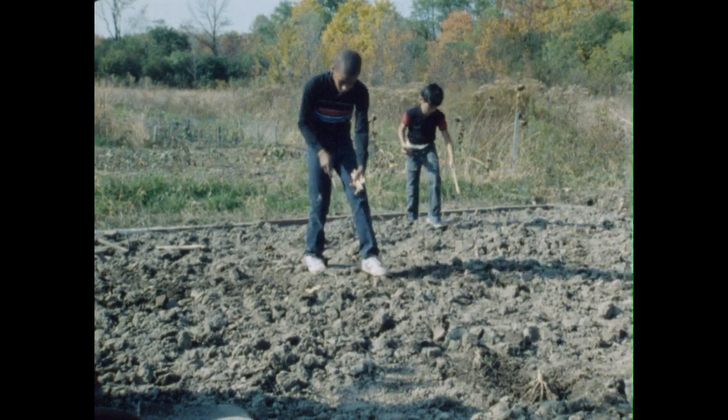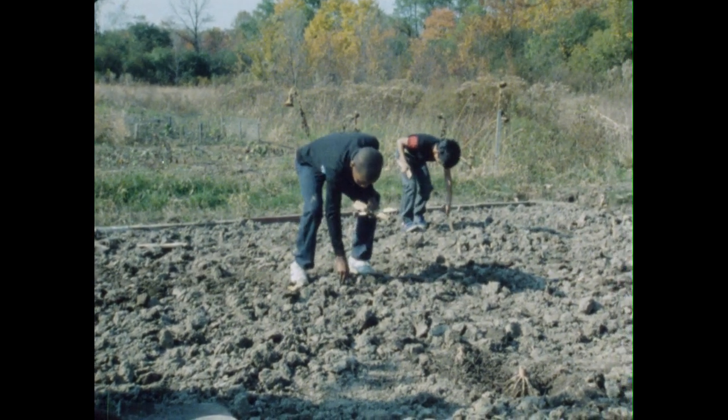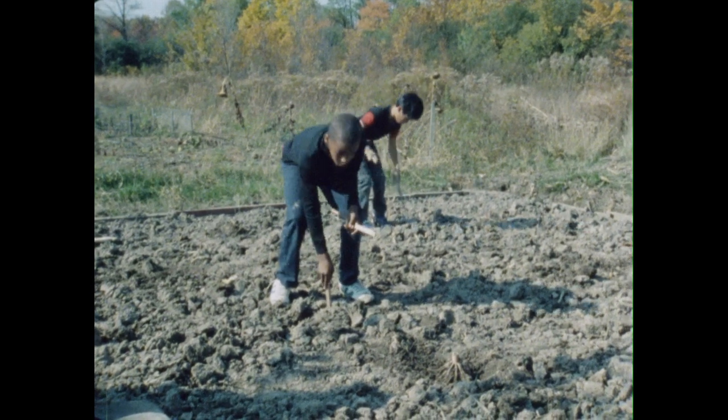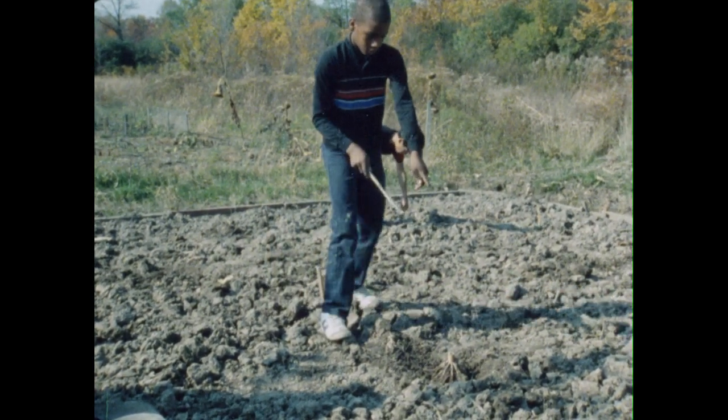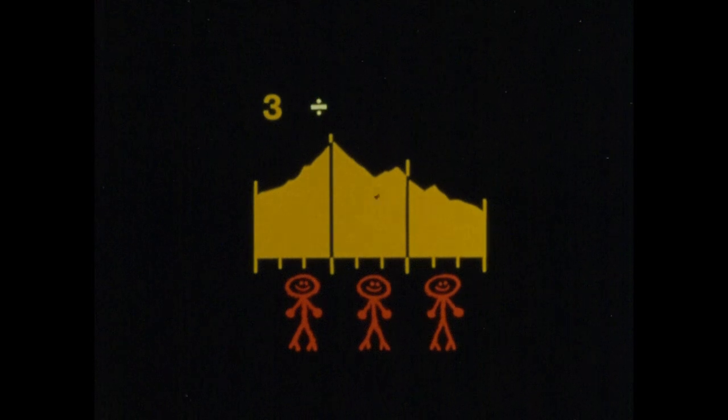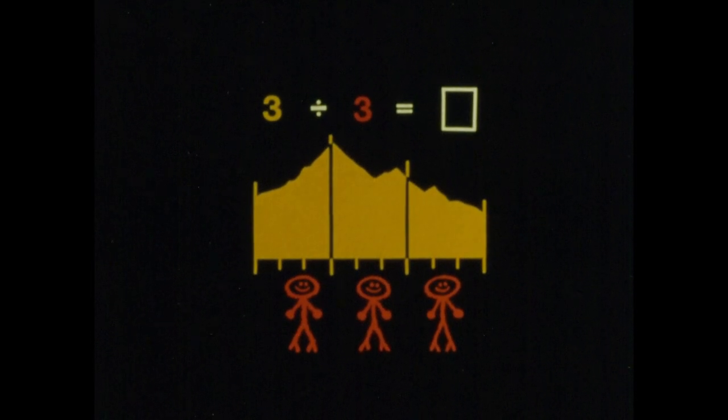If there were 3 of you working, and each wanted to take a turn at planting the seed in the section that was 3 steps long, how long a row would you each plant? How many 3s are there in 3? 1. Any number divided by itself is always 1.